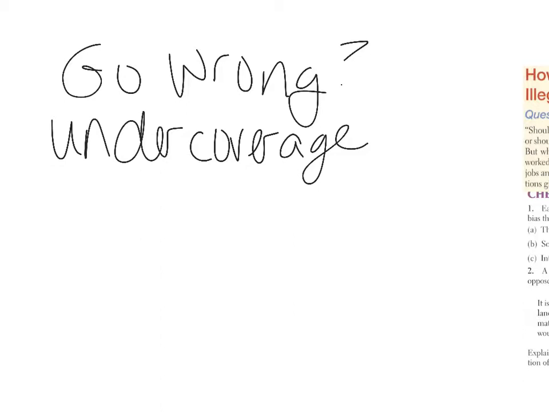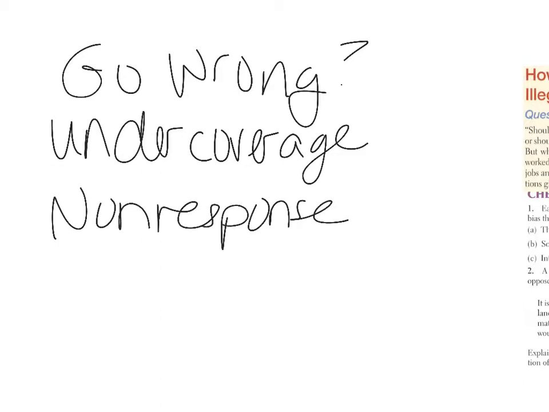One of the other things that could be a problem is what we call non-response. Non-response is exactly what it sounds like. You've chosen an individual to be part of the sample, and they can't or won't participate. This is going to happen a lot with a phone poll. Back a long time ago when we had landlines, people would call the house to ask survey questions.